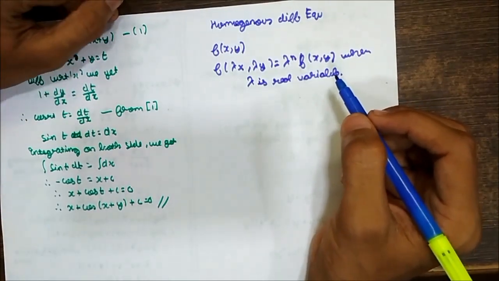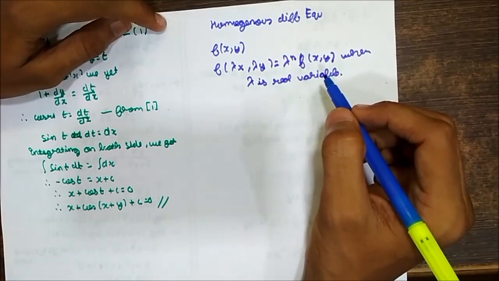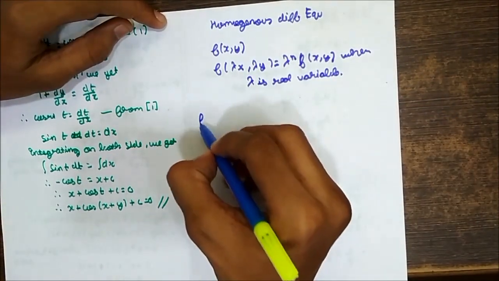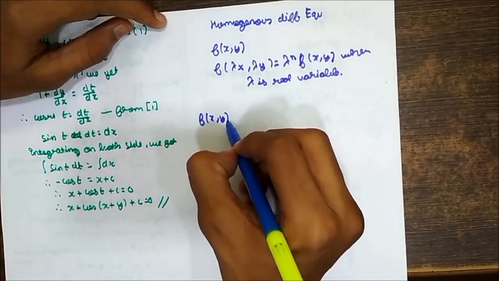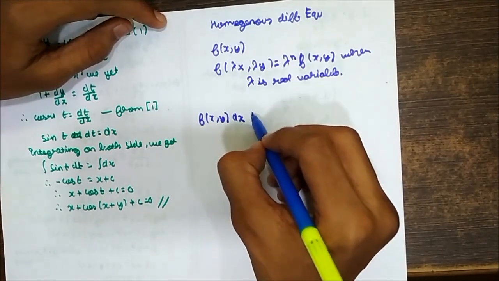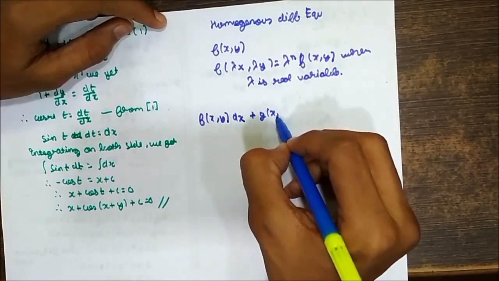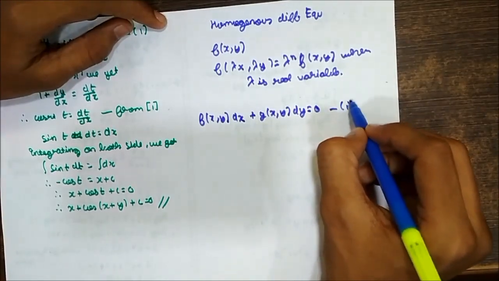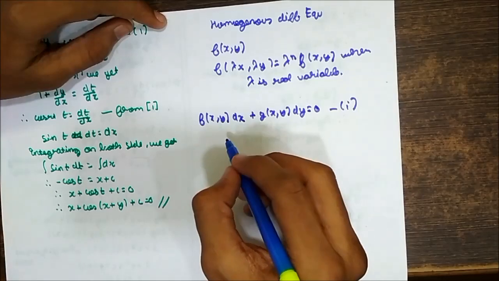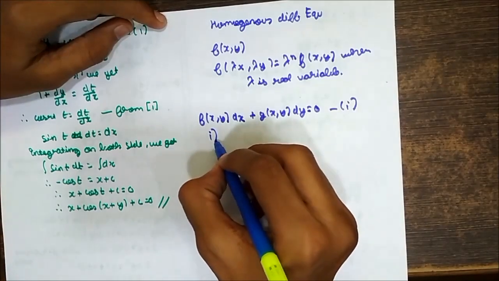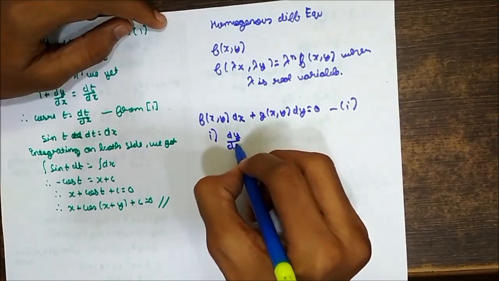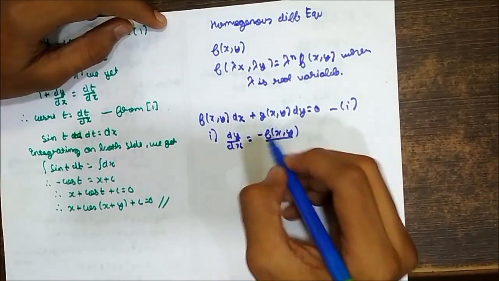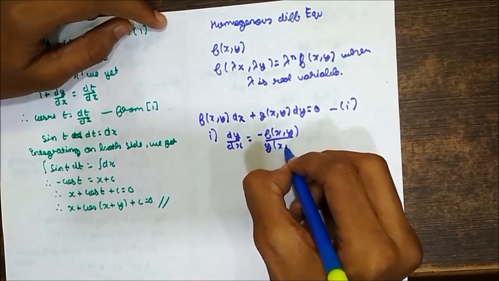Method to solve a homogeneous differential equation. To solve the homogeneous differential equation f of (x, y) dx plus g of (x, y) dy is equal to 0, express the equation in the form dy by dx is equal to minus f of (x, y) upon g of (x, y).